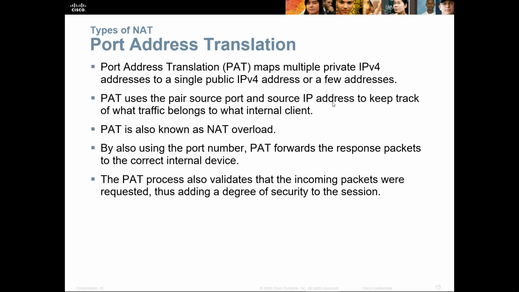So this is where the ports will come in. PAT is also known as NAT overload. That is where we can take one public address and overload it to have multiple private addresses behind it. By also using port numbers, PAT will forward the response packet to the correct internal device.